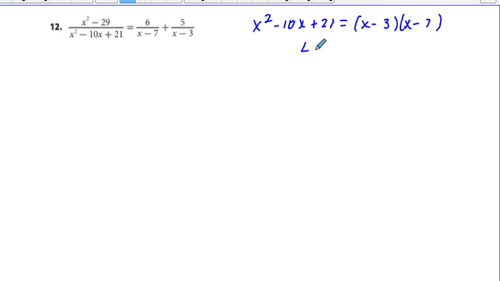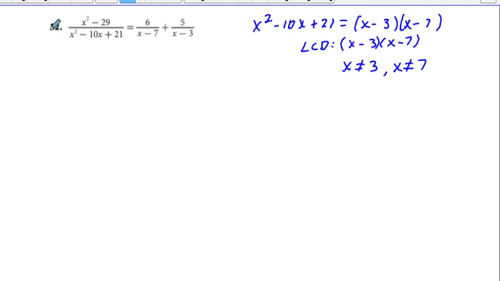Our least common denominator, which we're going to multiply through to clear out this whole denominator, is just going to be this x minus 3, and this also this x minus 7. And we know just from looking at this that our excluded values are: x cannot equal 3, nor can x equal 7.